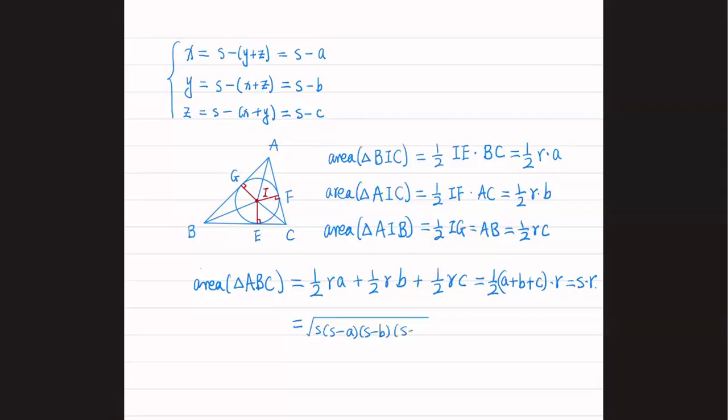Okay, yes, Kira. For the area of triangle AIB, it's supposed to be 1/2 IG times AB and not equals. Okay, yes, I made a mistake. Let me correct it. Thank you.